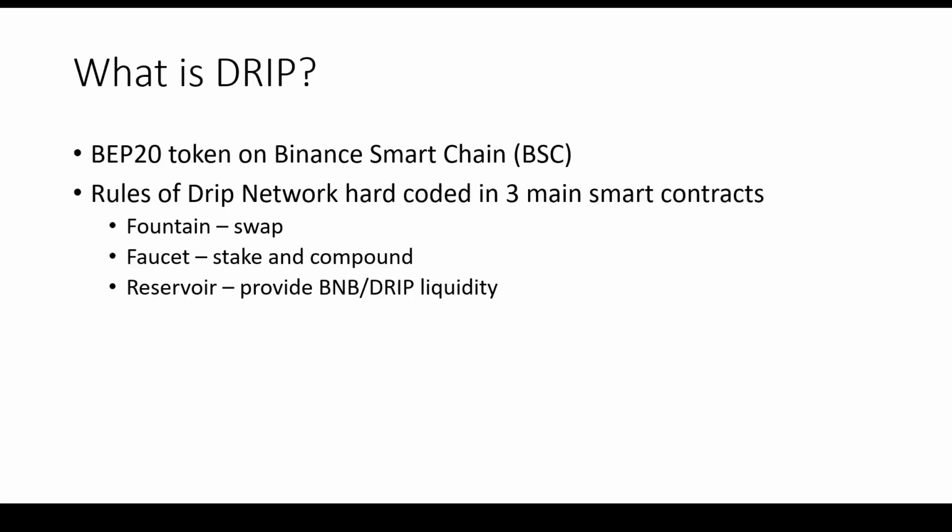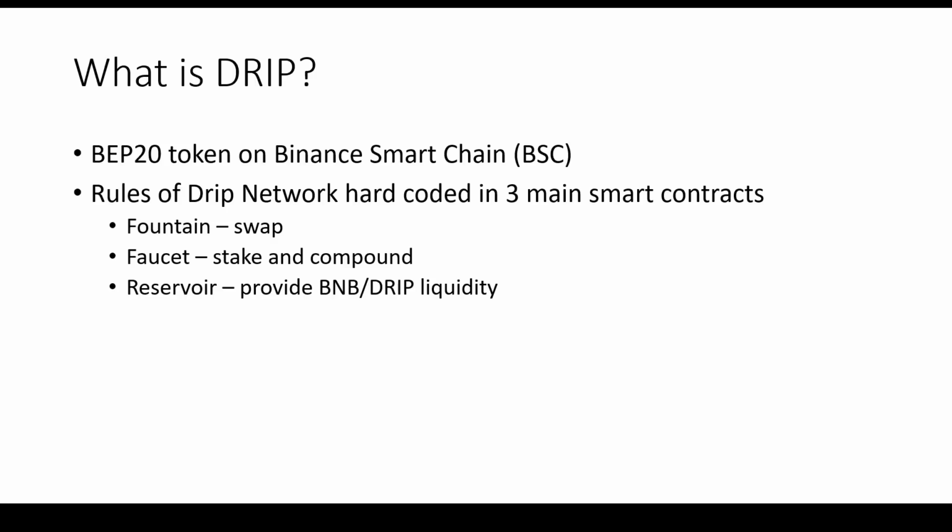So the three main contracts are, first, the Fountain contract. This is where you can swap BNB for Drip and vice versa. There is the Faucet contract, which I'll be talking about mostly in this video. The Faucet contract is where you can stake your Drip tokens and compound your Drip tokens.